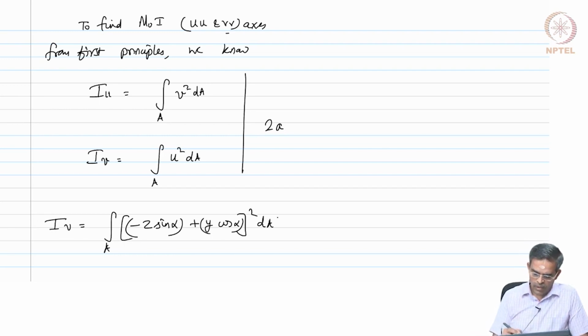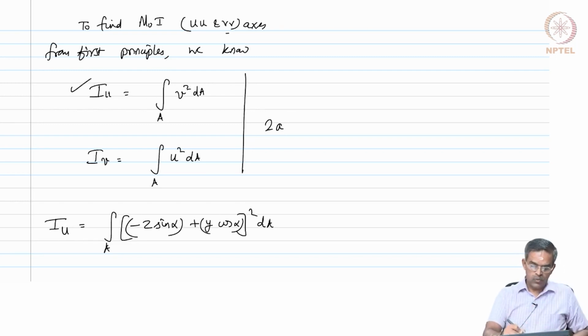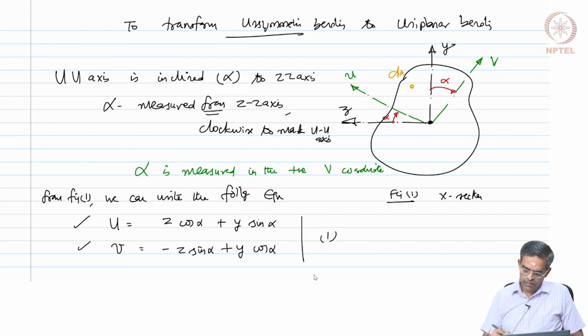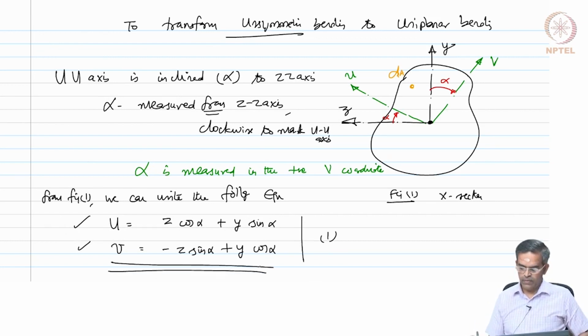So, I am getting IU. V is here, I am using this relationship.